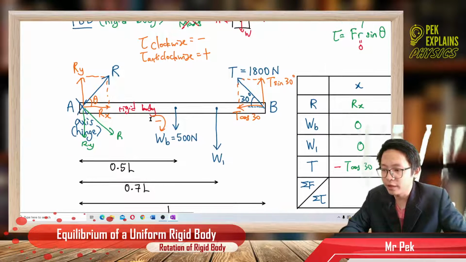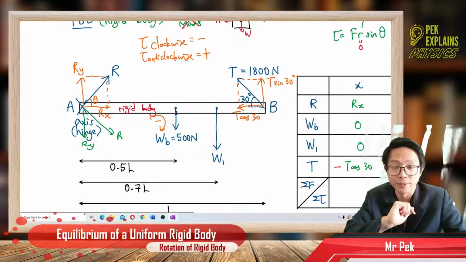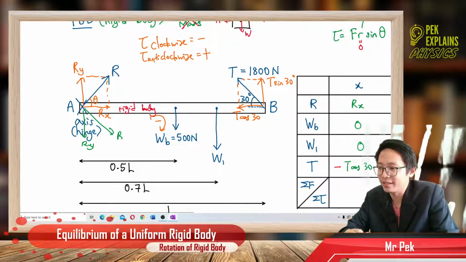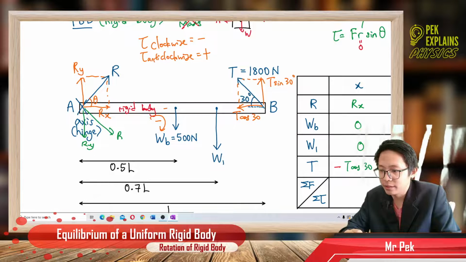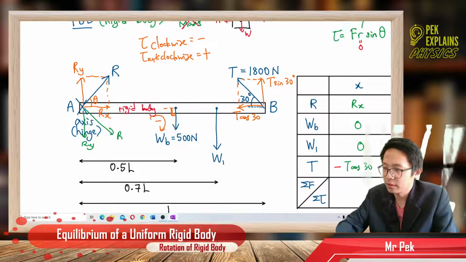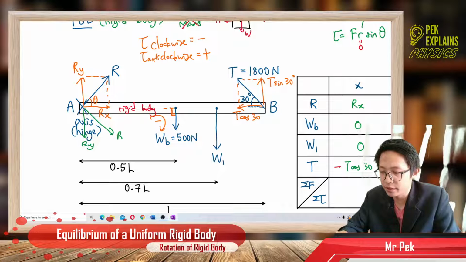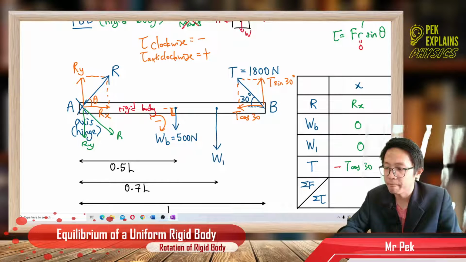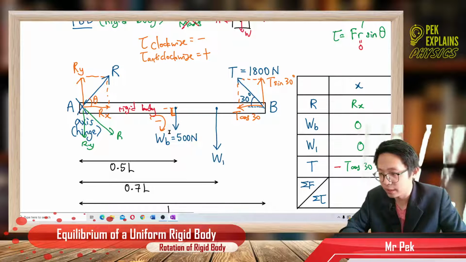Now, to find the torque, we always use the perpendicular component. This force is perpendicular, I mean the 500 Newton. The 500 Newton is perpendicular to the rod, so the force is already perpendicular.